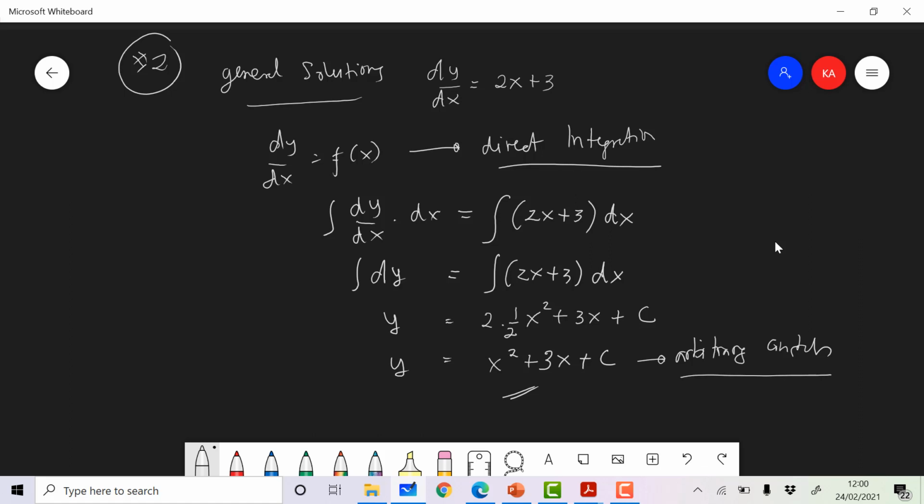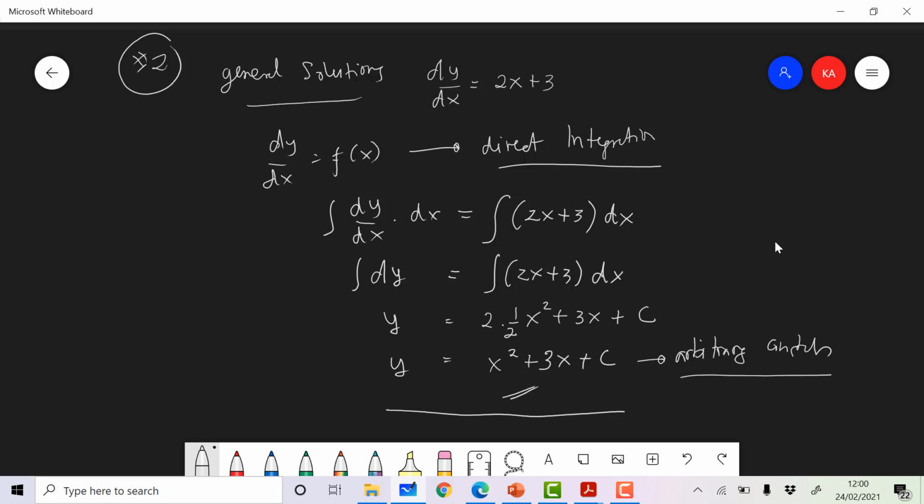If we have some point on this equation or exercise, we can determine c. But if we don't have any other information about a point on this line, we just leave the solution like this. So the solution is this one.